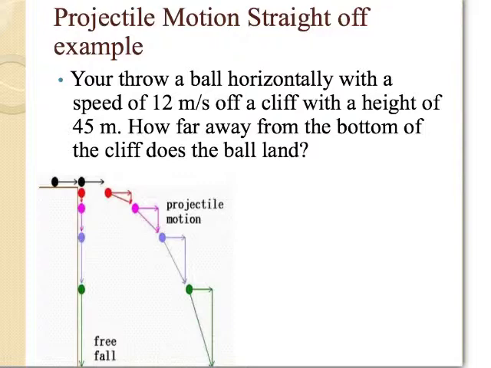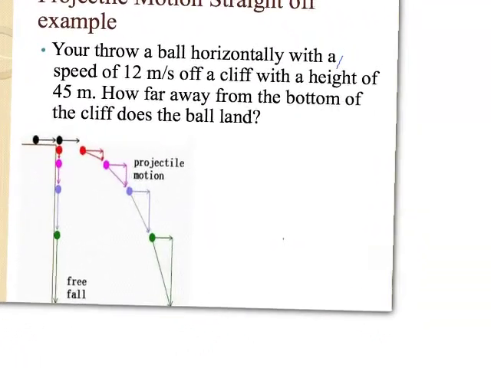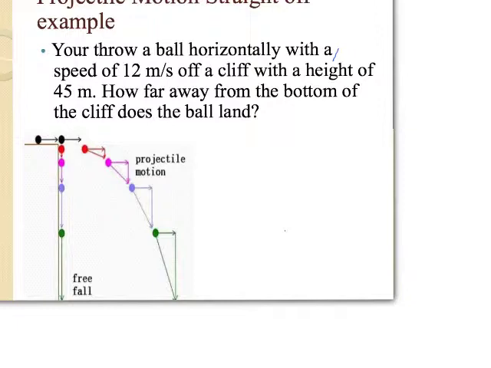So here's an example. Projectile motion straight off a cliff. We have a ball that we throw horizontally with a speed of 12 meters per second off of a cliff with a height of 45 meters. So let's label some things. We know this is 45 meters high. We know that our velocity is 12 meters per second.